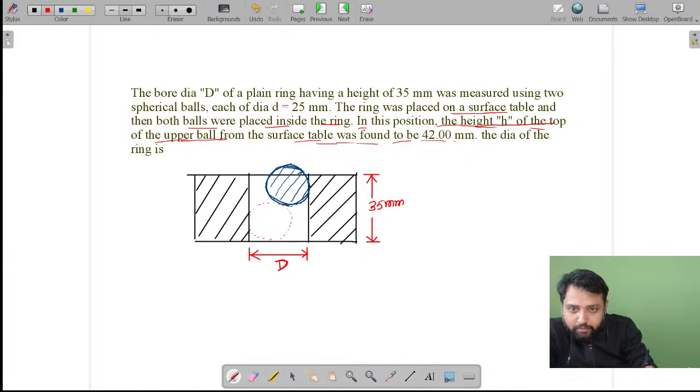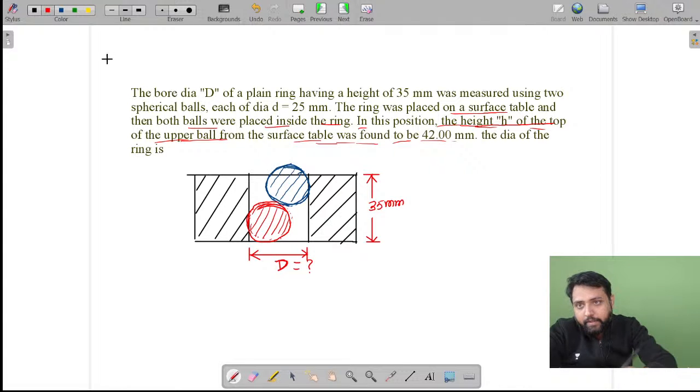And this is this ball. Two balls, right? Now we have to find the diameter of this ring, D is equal to what?